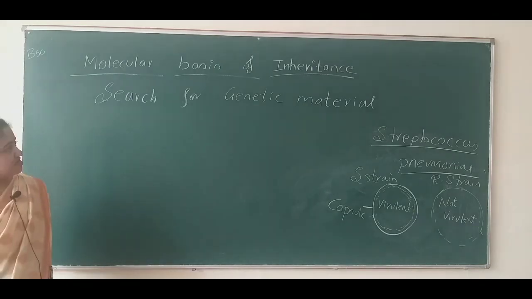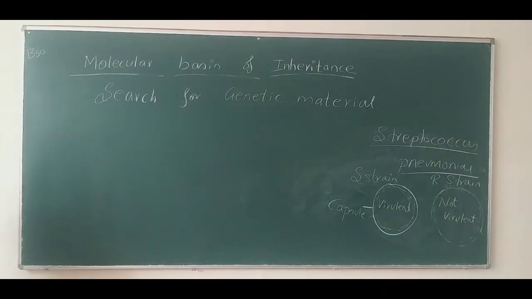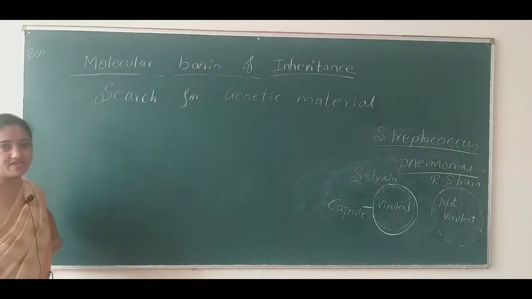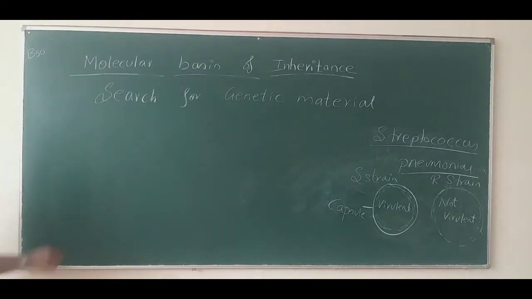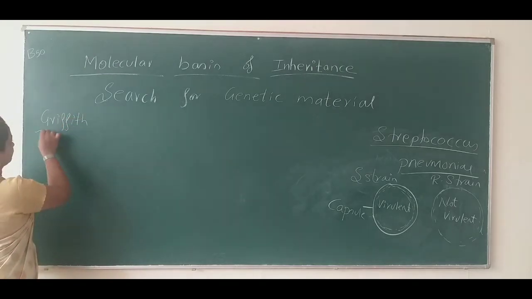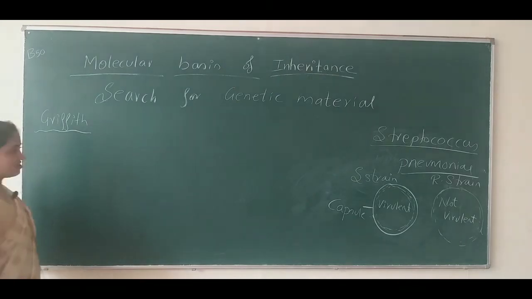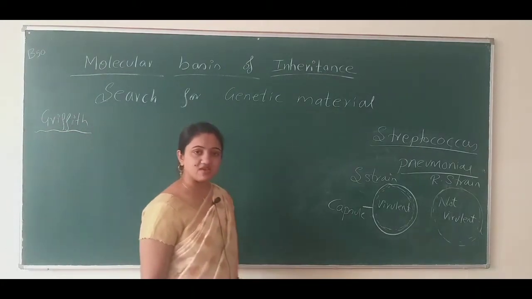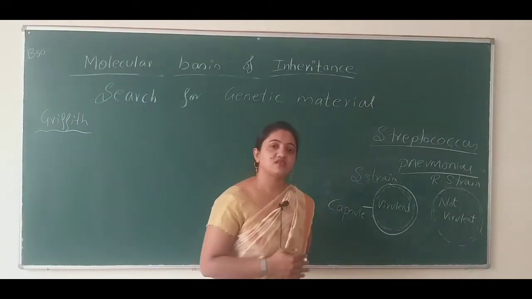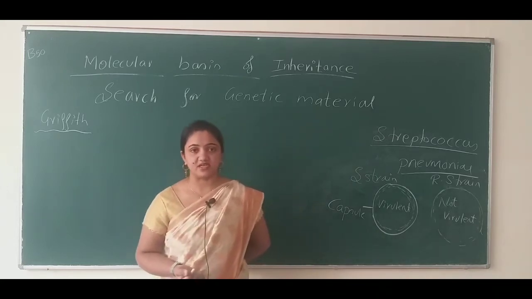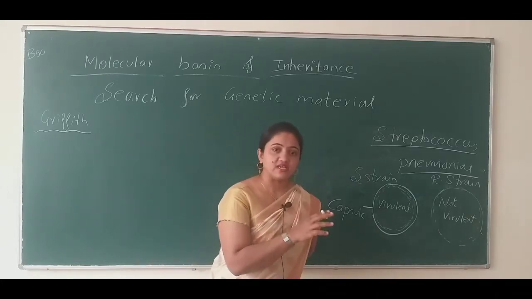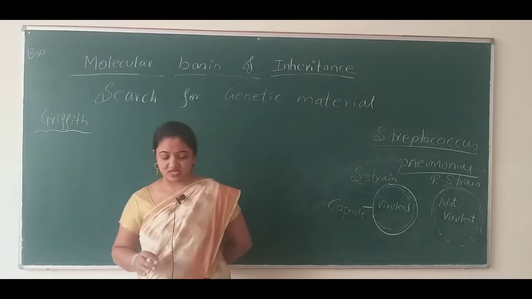In the search for genetic material, we have two experiments. Out of the two, the first one is Griffith's experiment. Frederick Griffith, in the year 1926, kept searching for the genetic material that is inherited from one generation to another.